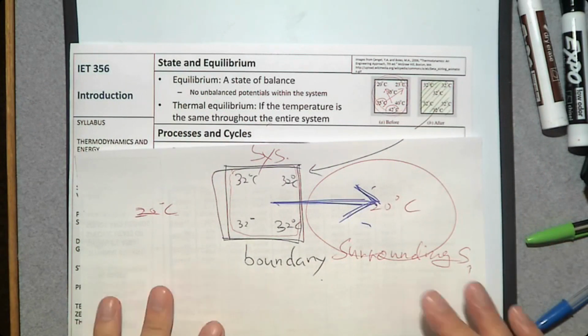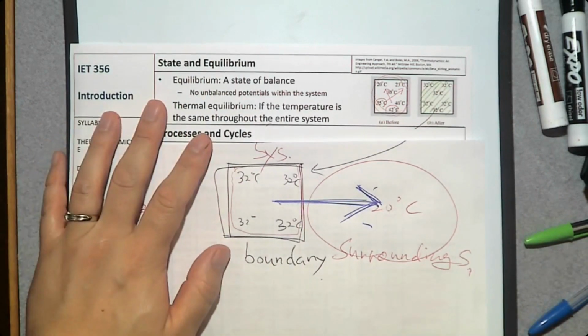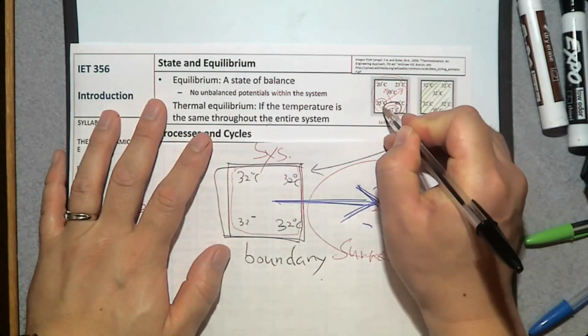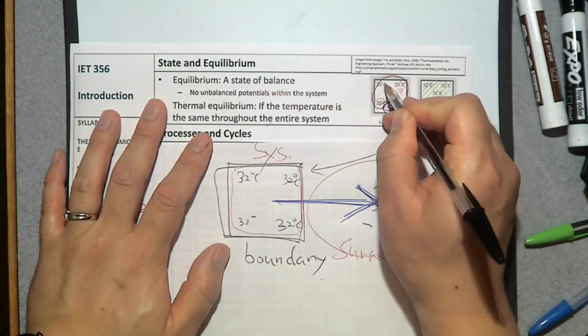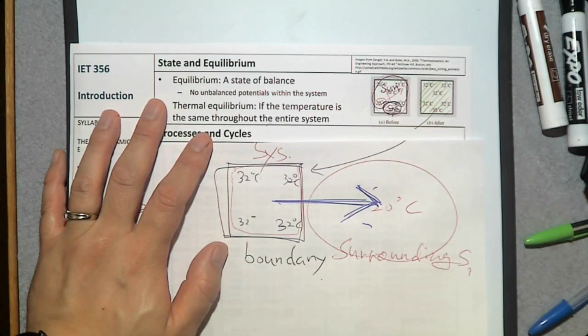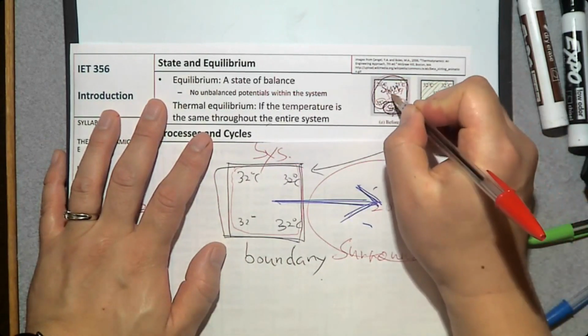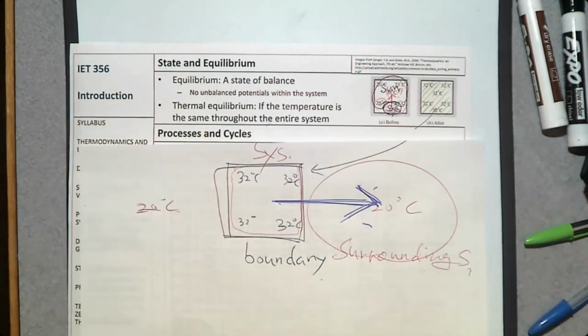Yes, you can. In that case, we can assume this one is our system, and the outside is going to be its surroundings, and we study heat transfer from the system to the surroundings. So there's nothing that we cannot solve thermodynamically. It all depends on how you define your problem.